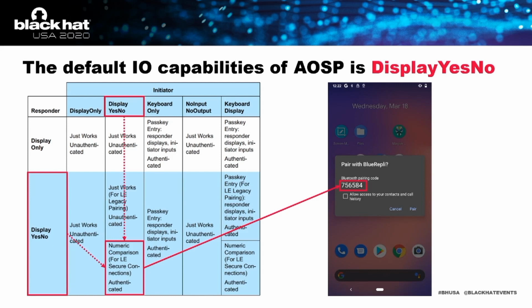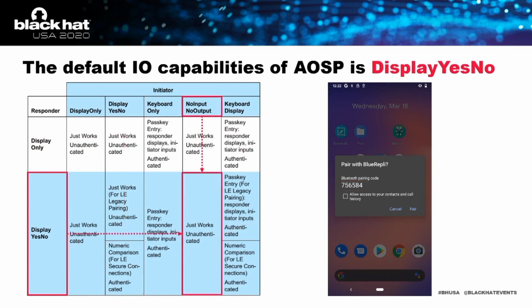That is, both devices should display a 6-digit number for user comparison and verification. So, the pairing request with the 6-digit number appears. However, the Bluetooth specification also defines other authentication methods, like passkey entry or JustWorks.